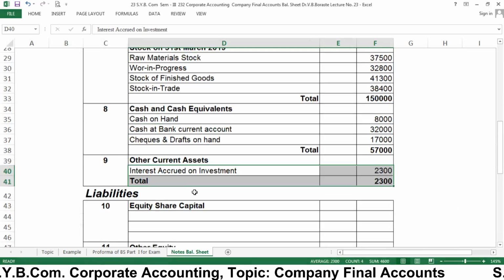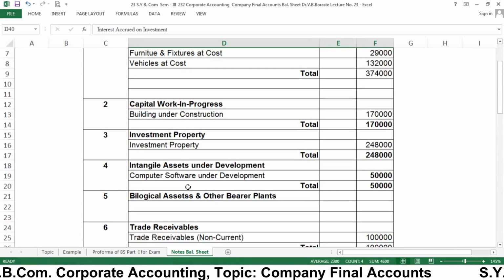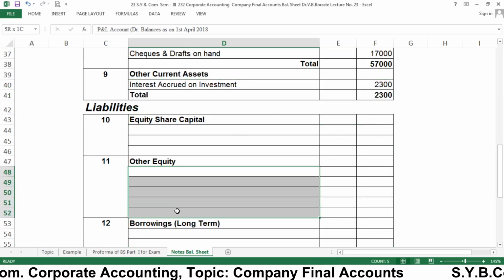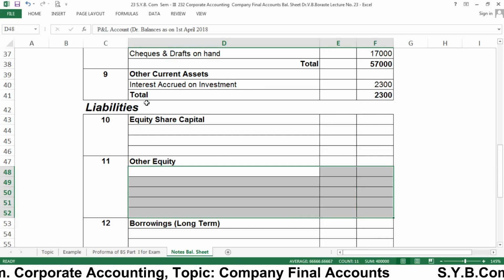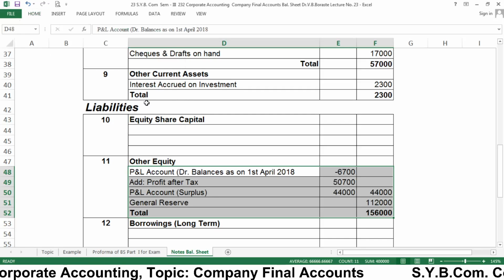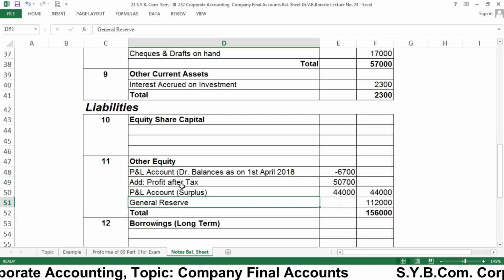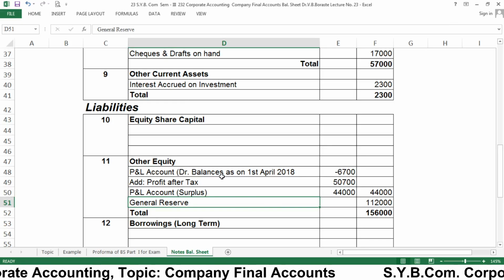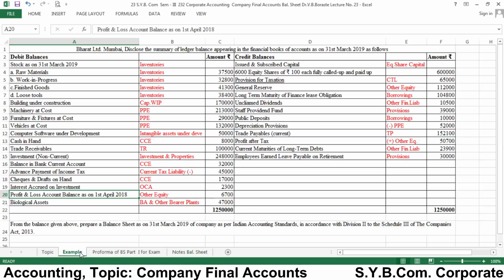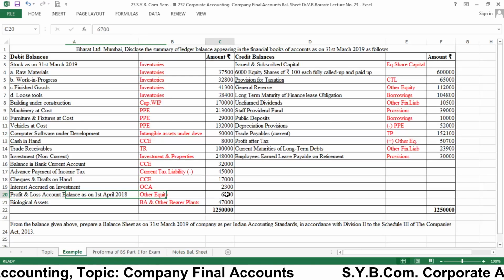Then profit and loss account balance on 1st April 2018, that is other equity. On the liability side, there is one item, that is other equity. I am putting over here the second item, other equity, that is profit and loss account balance, debit balance, meaning minus balance 6,700.